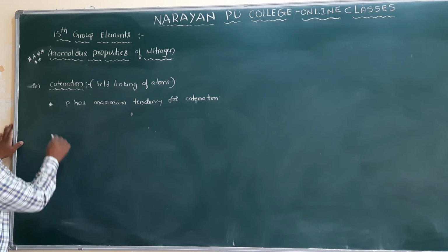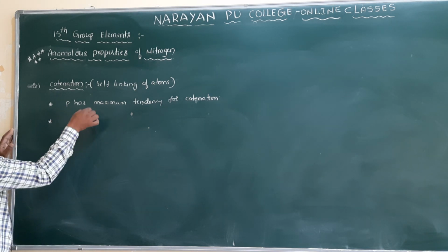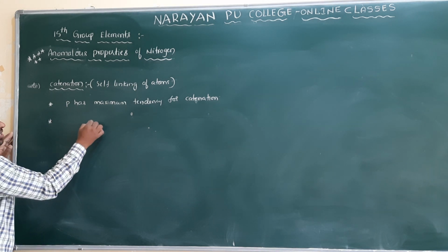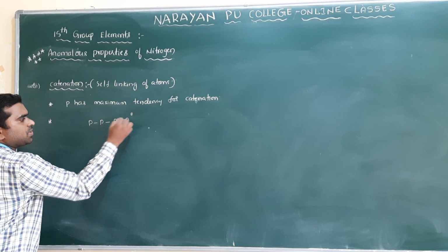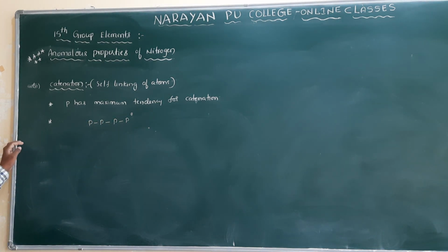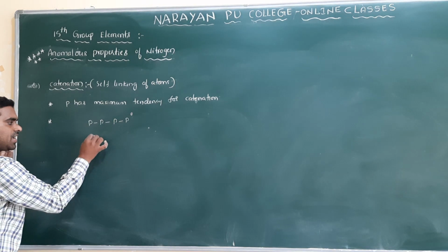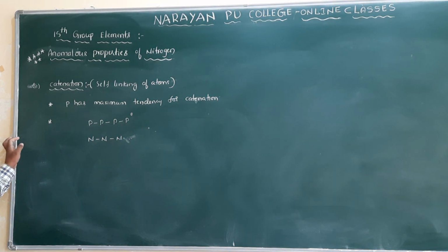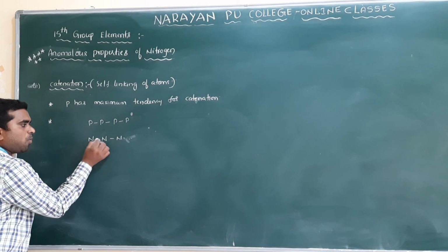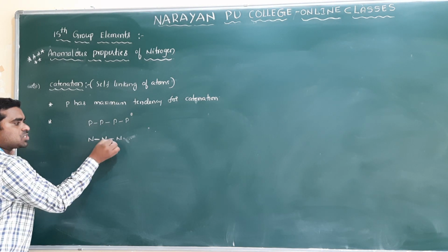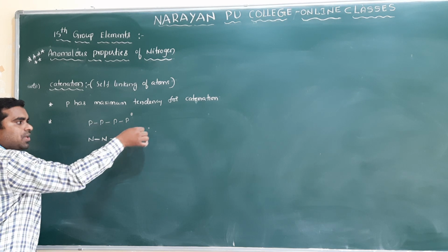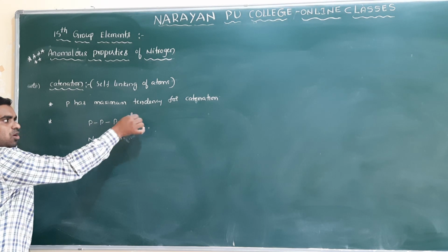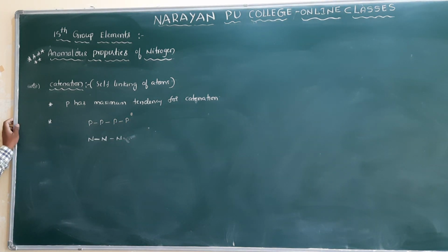Clear? Why? Catenation means phosphorus and phosphorus attach together, self-linking. If I take nitrogen and nitrogen here, and the bond between these atoms is strong, then they can link together many nitrogen atoms, and likewise many phosphorus atoms.